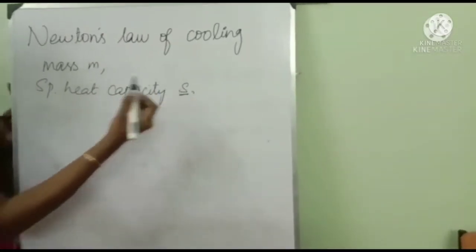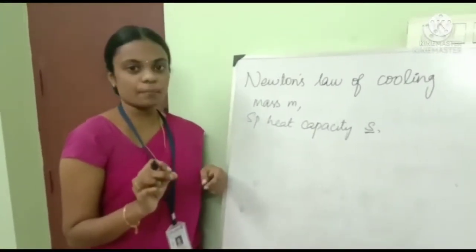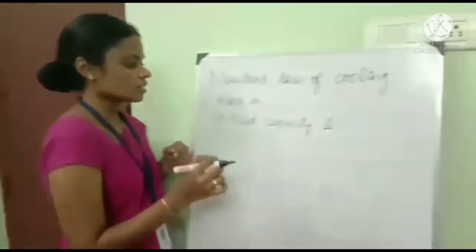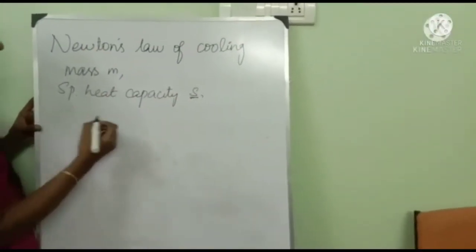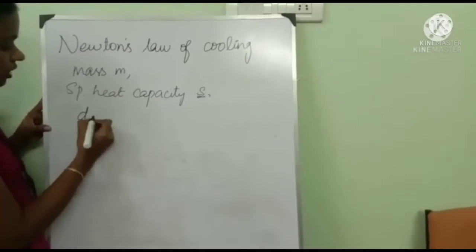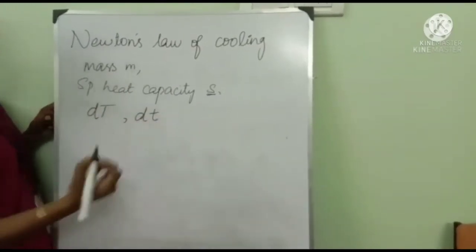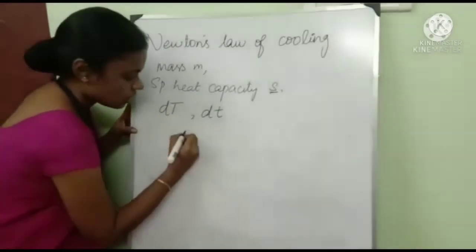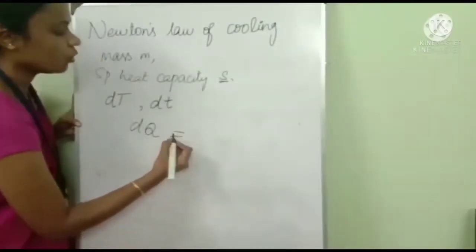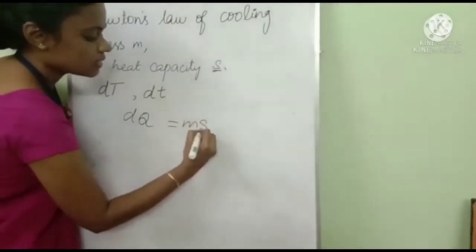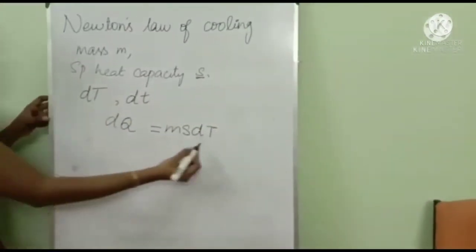Specific heat capacity means the amount of heat required to raise the temperature by 1 degree Celsius, for 1 second. This is called specific heat capacity, and the change in temperature is dT, and the change in time we will take as dt. We can write the heat change or heat transfer dq is equal to m s dT. This is the change in temperature.